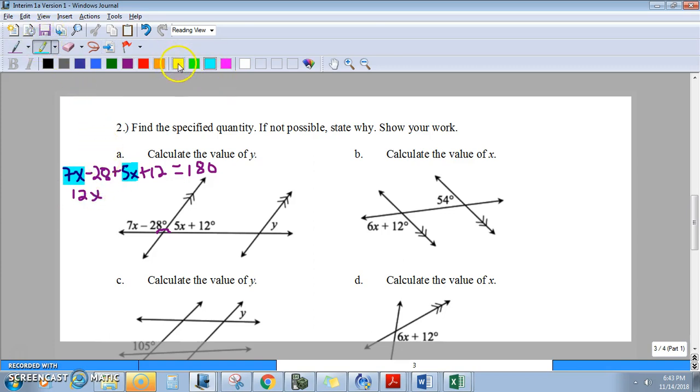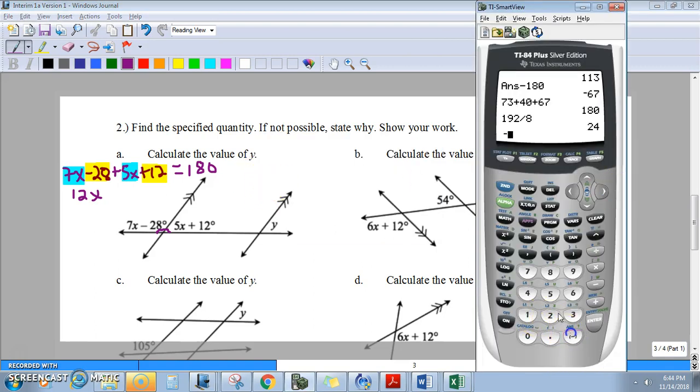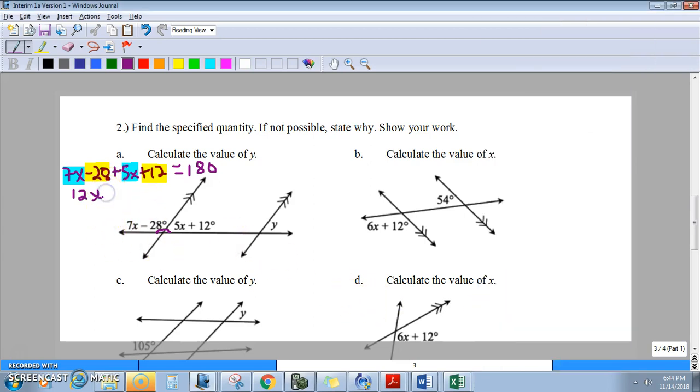And our other like terms are negative 28 and positive 12, negative 28 plus 12 is negative 16. Okay, so 12x minus 16 equals 180.